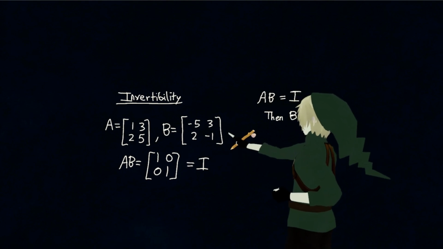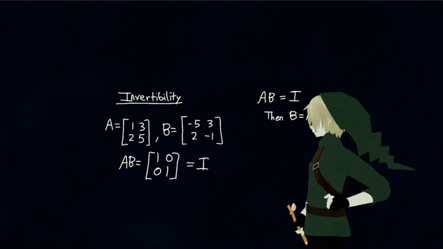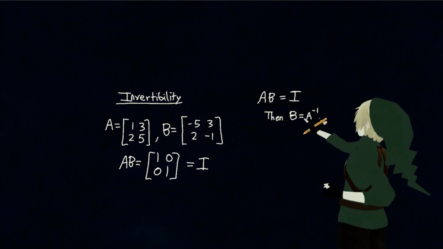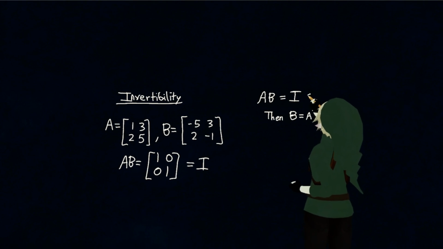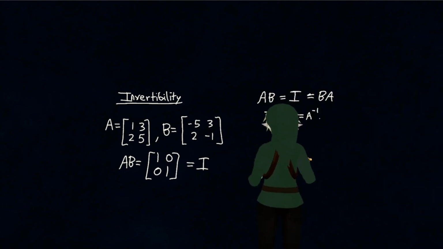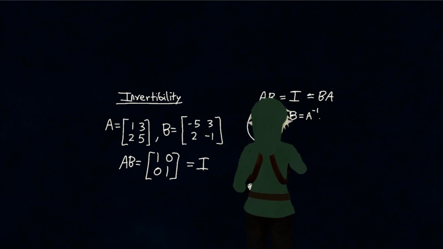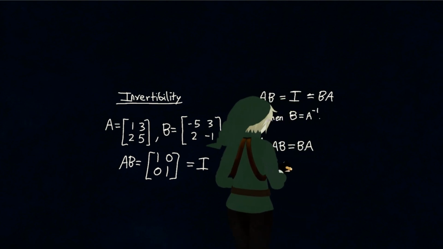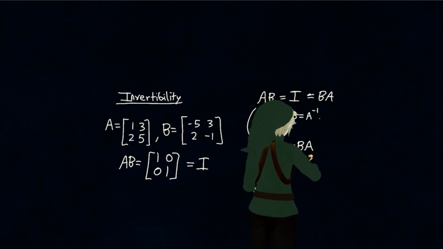So because multiplying these two matrices together gives the identity matrix, that means B is the inverse of A. B is definitely the inverse of A, since AB is equal to I. And because this is equal to I, what this also means is that BA, if you have invertible matrices, then AB is equal to BA. This is only true for inverses.